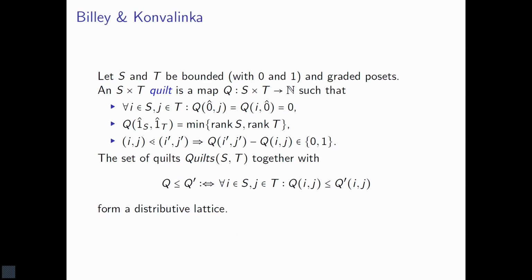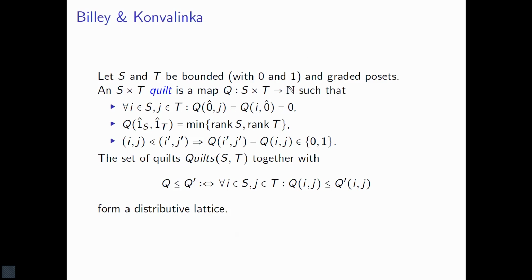A matrix is just a function from the product of two chains to the natural numbers, a matrix with non-negative integer entries. And now we can replace the two chains by anything, and the conditions just work.